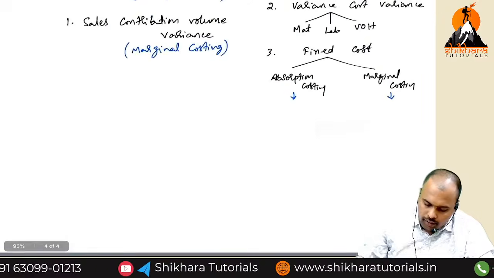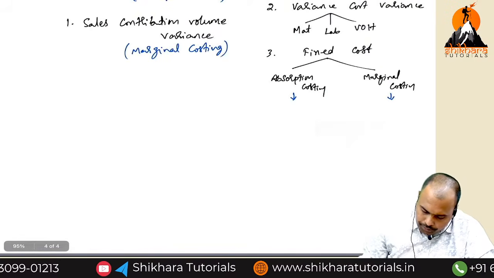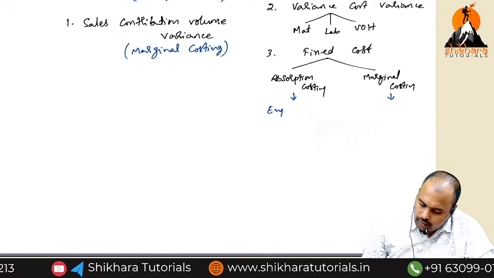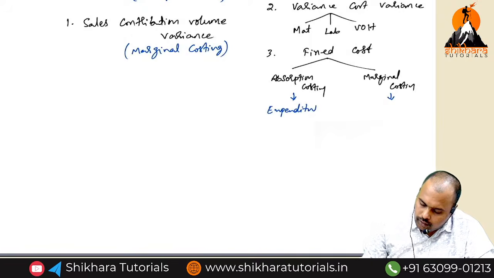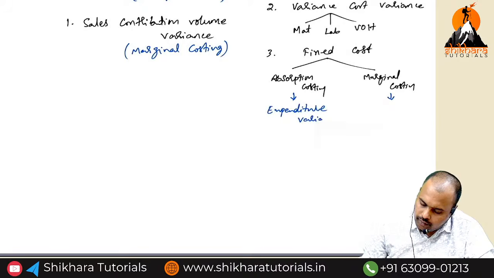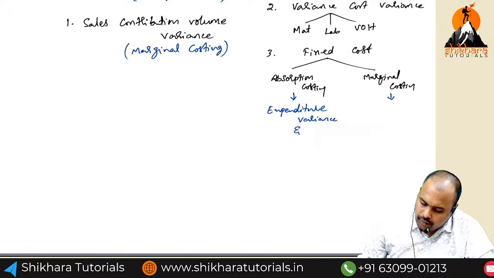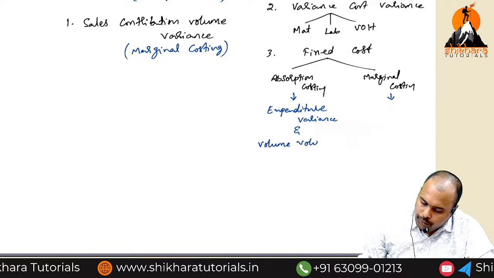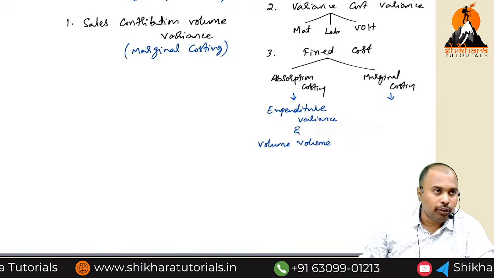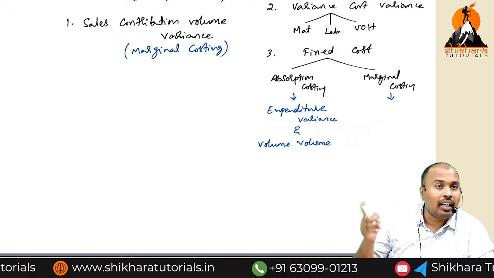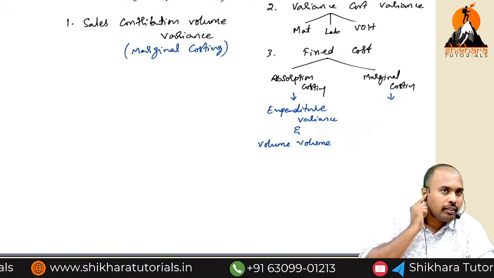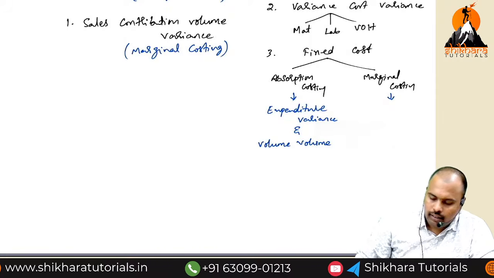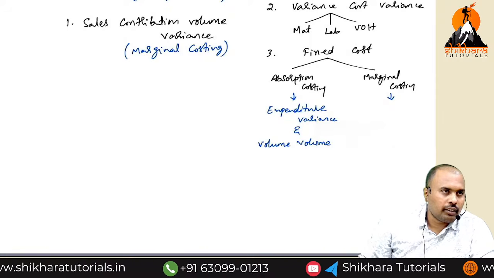So absorption costing, one reason is expenditure variance and also volume variance. While absorbing, there is no change in volume, but when I'm calculating rate, volume is also impacting. So I have to take both expenditure variance and volume variance under absorption costing.